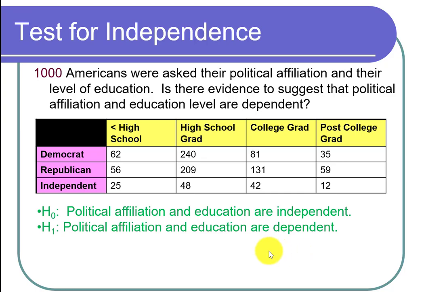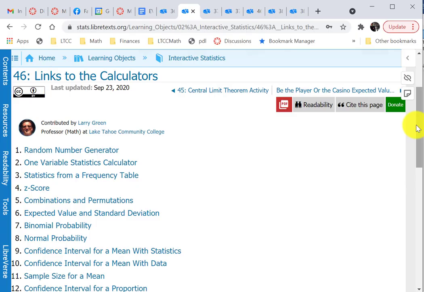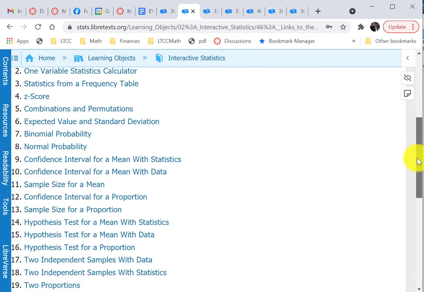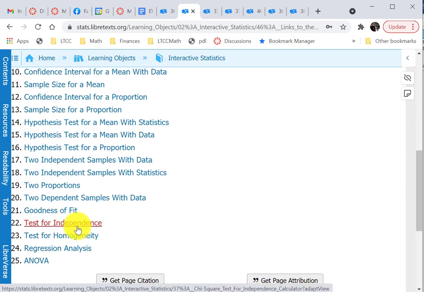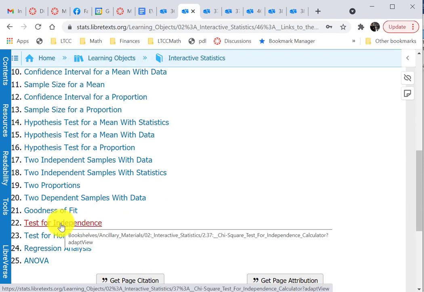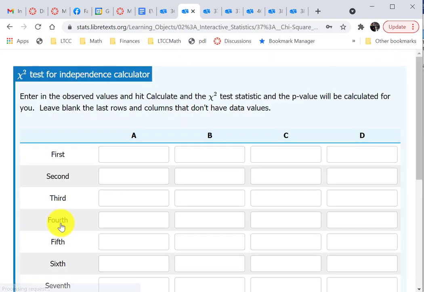So let's go to the calculator. Here's the calculator menu, and we're going to scroll way down because we're towards the end of the class. And if you look, we have tests for independence, and that's what we want because that's what we're doing. We're doing a chi-squared test for independence. I click on that, and it says enter in the observed and hit calculate.